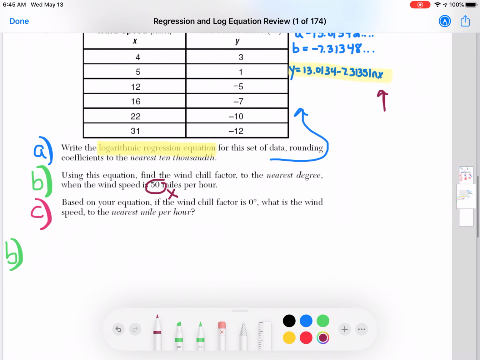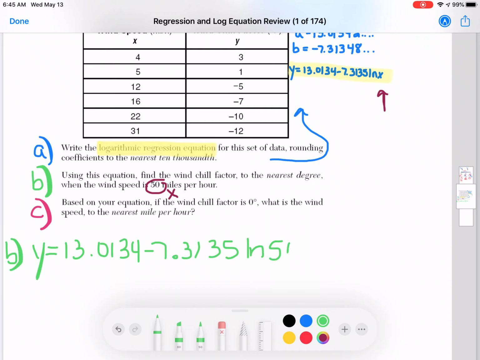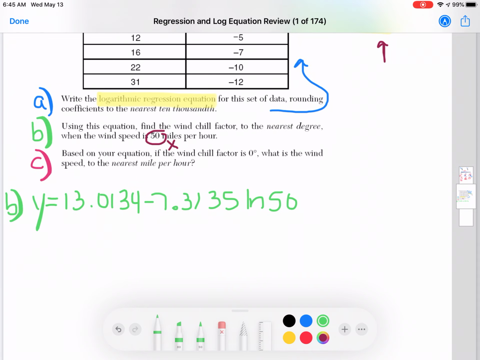So we have y equals 13.0134 minus 7.3135 ln of 50. Then you'll throw that into your calculator, and we'll get negative 15.597. They want the nearest degree, so that would be negative 16.